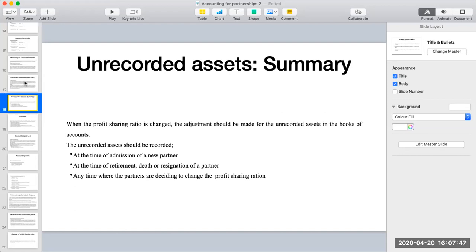At the time of admission of a new partner, which we discussed earlier; at the time of retirement, death, or insolvency of a partner; and any time the partners decide to change the profit sharing ratio. Which means whenever the profit sharing ratio is going to change, unrecorded assets have to be recorded in order to eliminate the undue benefit obtained by a particular partner.